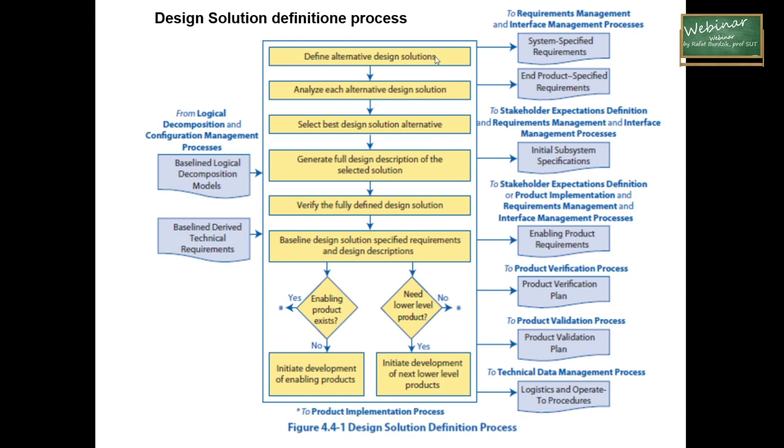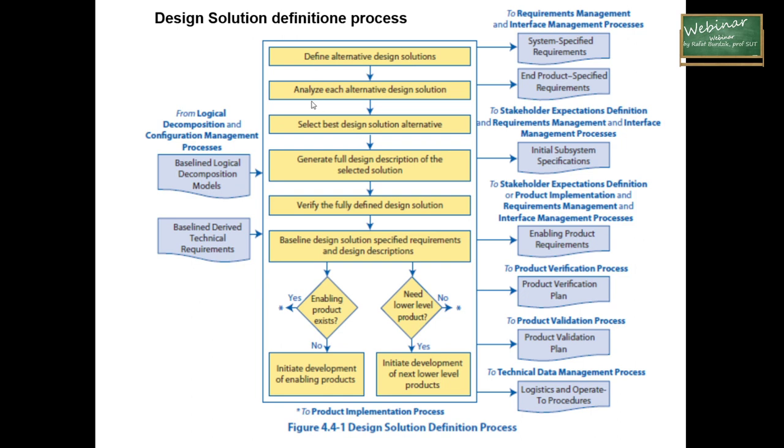As the result, you should have the system specified requirements. Then you have to analyze, and it is much easier to do if you are after the two processes before this one, so after the technical requirements definition process.